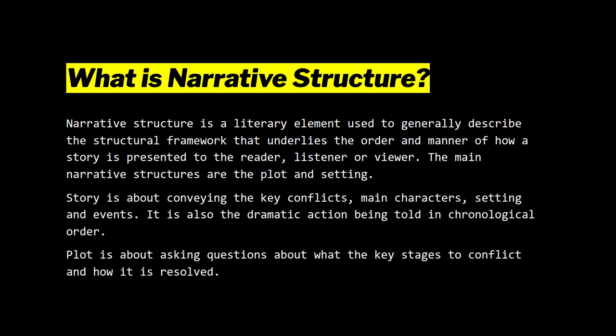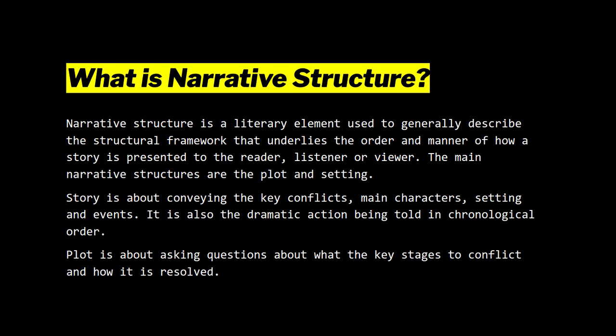It is also used for dramatic action being told in chronological order, or some stories are not even told in chronological order, which I'm going to tell you in this presentation. And plot is about asking questions about the key stages of the conflict and how it is resolved.